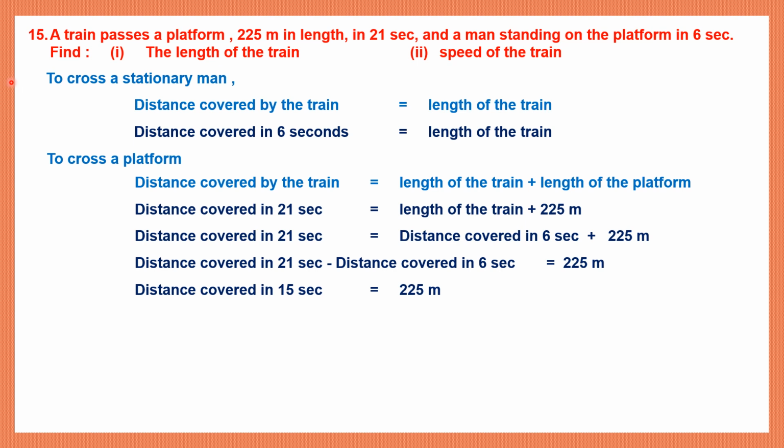225 meters. So again we are back to unitary method because here we are going to find the distance covered in 6 seconds. So first we have distance covered in 15 seconds. That means the next will be distance covered in 1 second. That is dividing this by this. So let's divide 225 meters by 15 seconds. 15 into 15 is 225, so I can cancel.